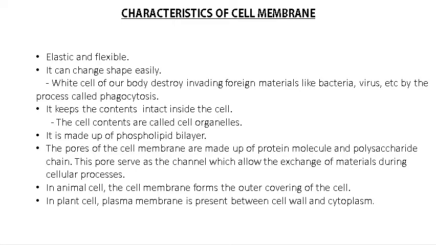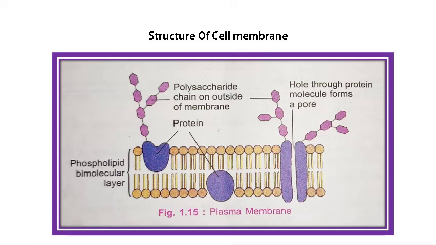For example, the white cell of our body destroys invading foreign materials like bacteria, virus, etc. by the process called phagocytosis, because in this process the white cell of our body forms a cup-like structure and captures its invading organism.